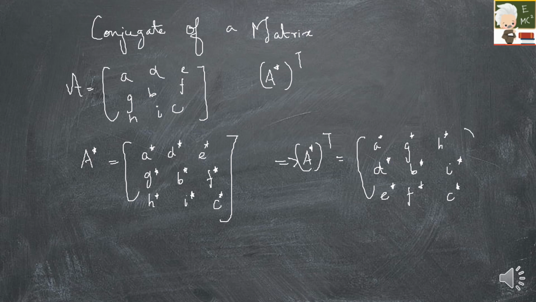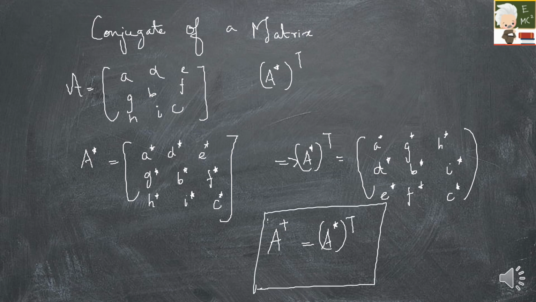So this is my A star transpose, right? To be clear, the conjugate of a matrix is represented by A dagger, which will be equal to A star transpose. So if they are asking me to find a conjugate, you have to do A star and then take the transpose, right? Hope you got this.